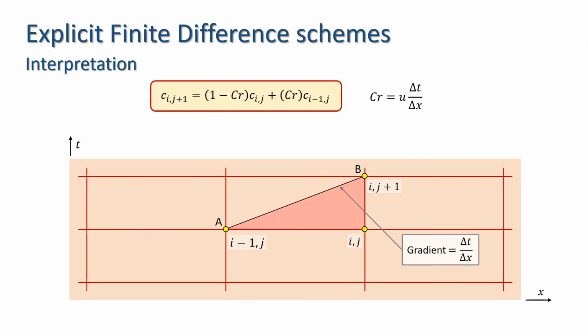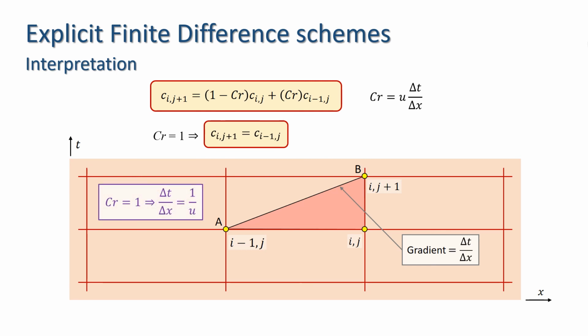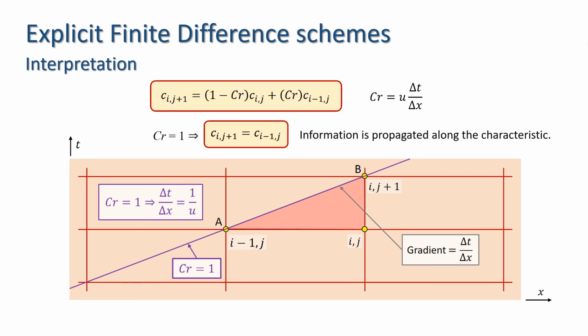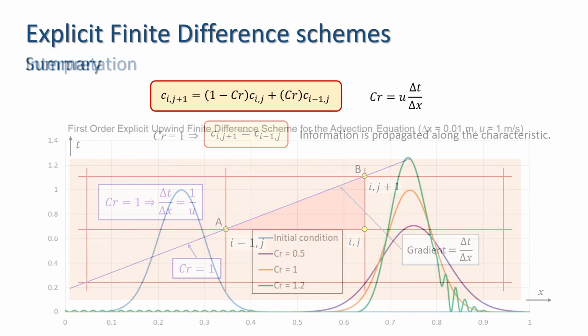Finally, for the case where the Courant number equals 1, we saw that the exact solution was reproduced. In this case, delta t over delta x equals 1/u, and the characteristic coincides with the line AB. Thus, it's clear why this case reproduces the exact solution: information is propagated along the characteristic.